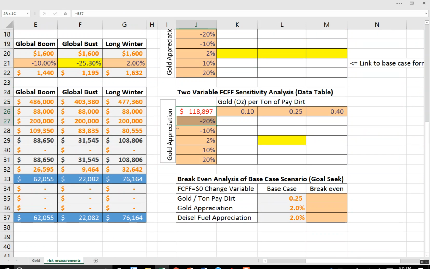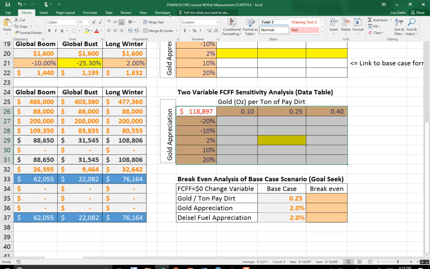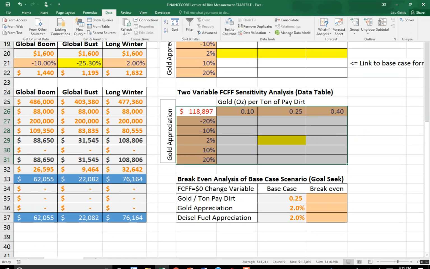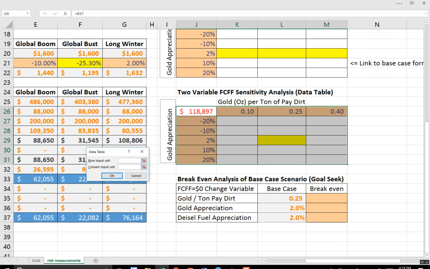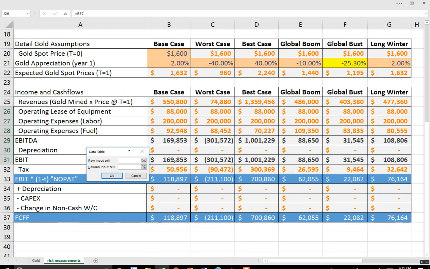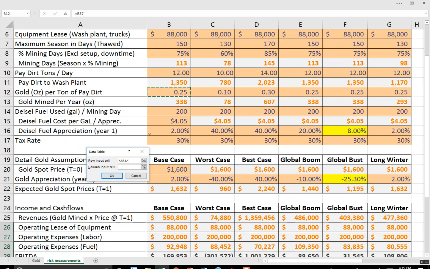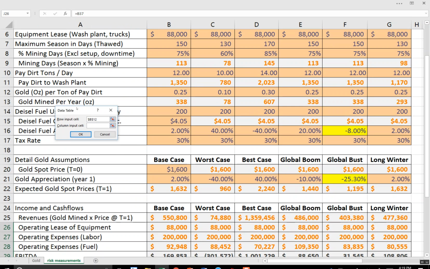Then I'm going to highlight that, and put in a data table: Data, What-If, Data Table. I'm going to put in my row. My row is the amount of gold in the ground, based on the base case, so that's that 0.25. And my column is gold appreciation.